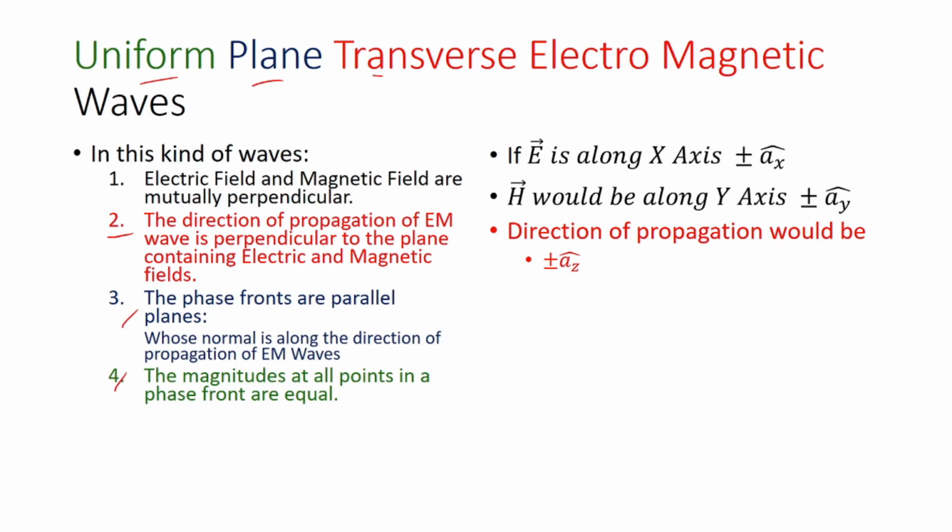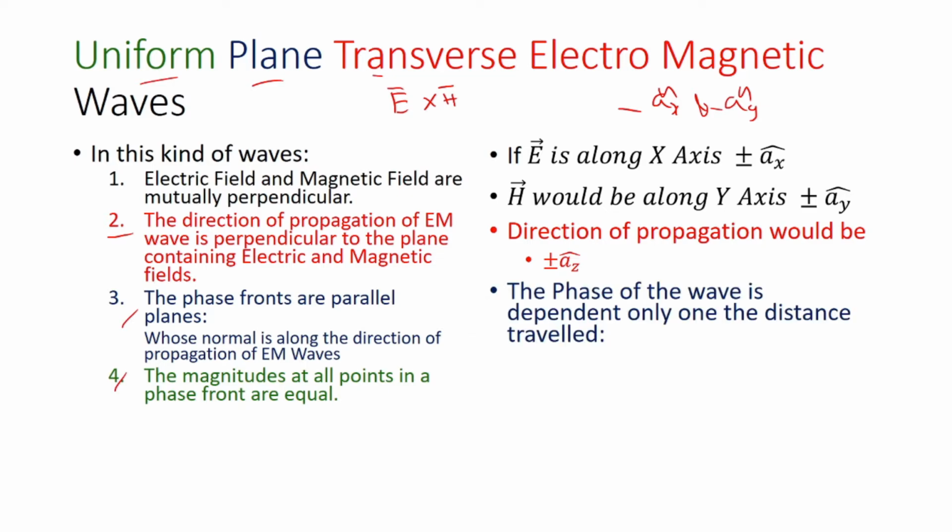And I can say that the direction of electromagnetic wave propagation is given by E bar cross H bar. So if E bar is along a_x cap and H bar is along a_y cap, then the direction of electromagnetic wave propagation would be along a_z cap. And if the polarities of the direction change, then the corresponding direction of the electromagnetic wave propagation change.